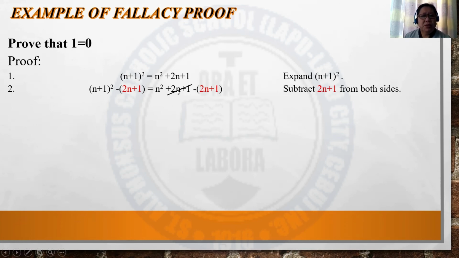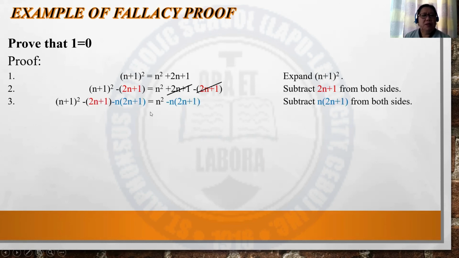And then 2n plus 1 minus the quantity 2n plus 1 is equal to 0. So what is left is only the n squared, and then we may subtract again n times the quantity 2n plus 1 from both sides. So minus n times the quantity 2n plus 1, minus n times the quantity 2n plus 1.